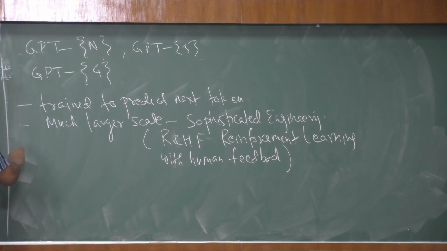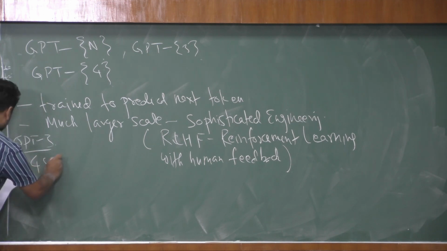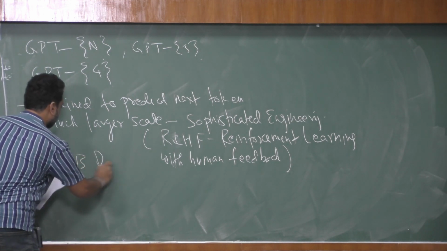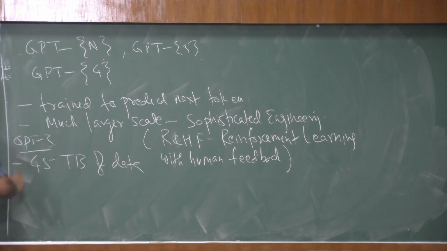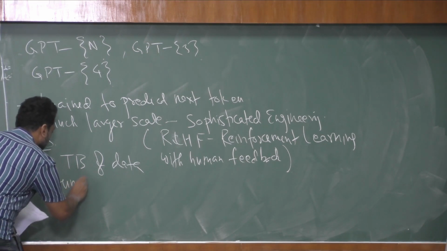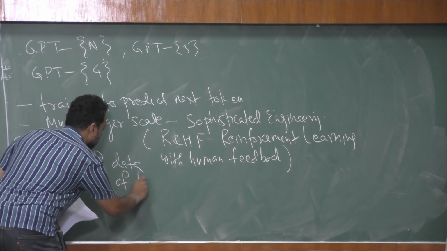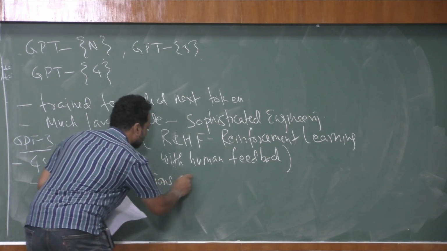So just to tell you about GPT-3, it has 45 terabytes of data. So it used 45 terabytes of data collected from the internet, documents, and basically anything that you could get hold of. So it had hundreds of billions of tokens.